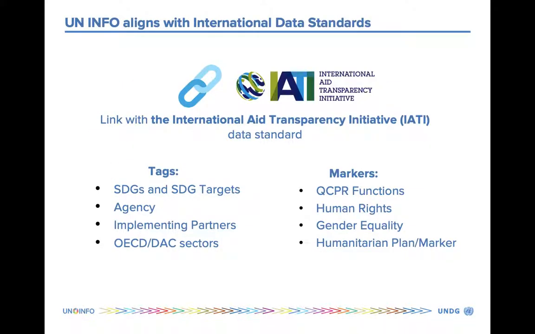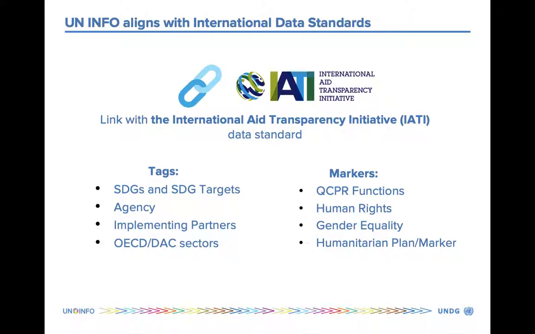Now, how do we get this data? Well, in each key activity, we have a list for the tags, markers, and the common budgetary framework. So every key activity will have these basically types of data codes. Many of these data codes we link to the International Aid Transparency Initiative. And we do this because data standardization is very important to us, as well as data harmonization amongst the UN.